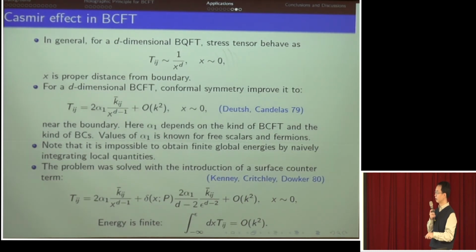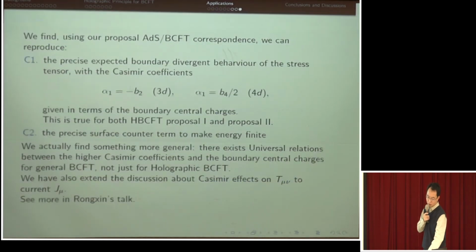Then you get a finite energy. So what I really want to say here is that there are two interesting features one would like to reproduce using the holographic boundary conformal field theory. One is this behavior near the boundary of the energy momentum tensor. It depends on the extrinsic curvature. And the other one is this boundary counterterm, so that the energy is finite. So indeed, we do the computation.